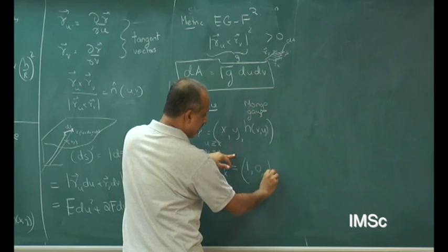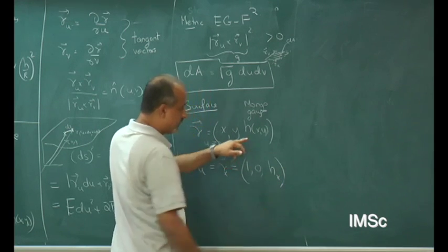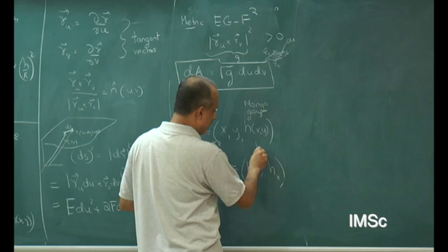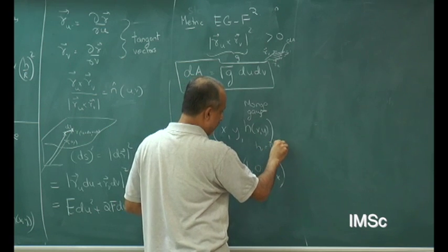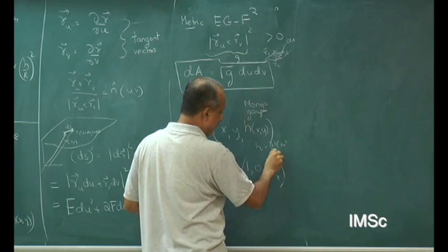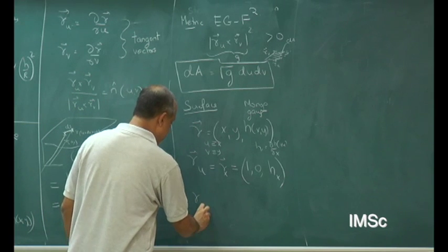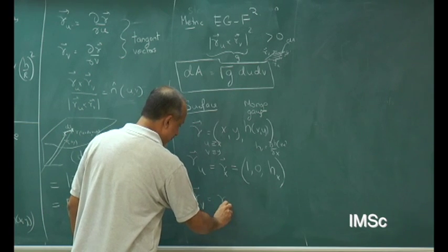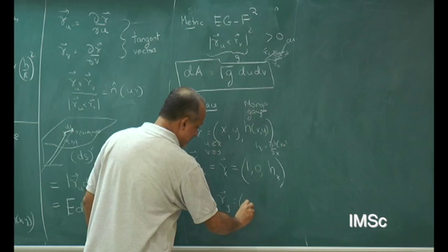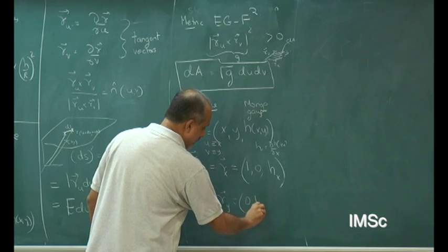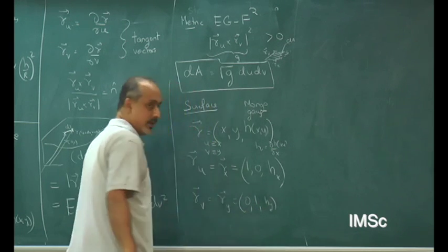And this term becomes h sub x, where h sub x is delta h of x comma y by delta x. Similarly, r sub v is r sub y, which is 0, comma 1, comma h sub y.